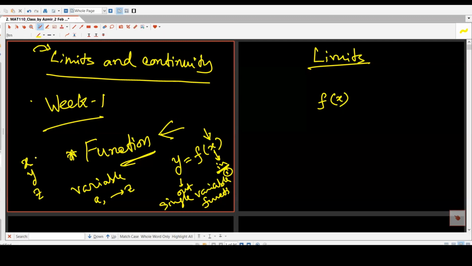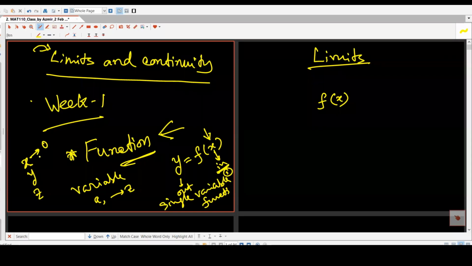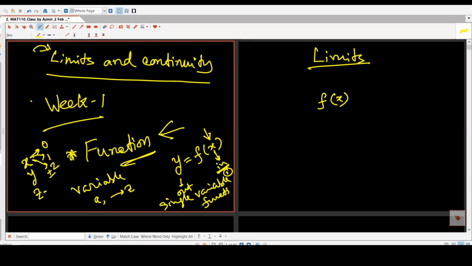We can take any value of X. X can be 0, X can be 1, X can be 2, it can be plus or minus 2, like that. Similarly, we can take any value of Z, it may be 100, it is up to our choice. Since the values of X, Y, Z, A, B, C are changing, that's why it is called a variable. The values are varying every time.